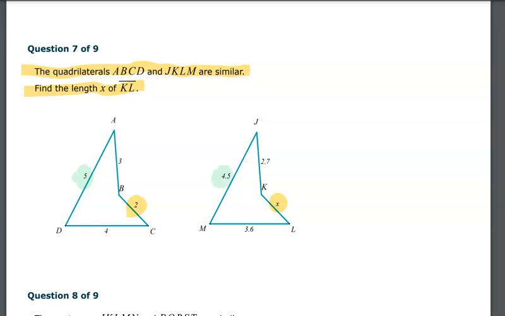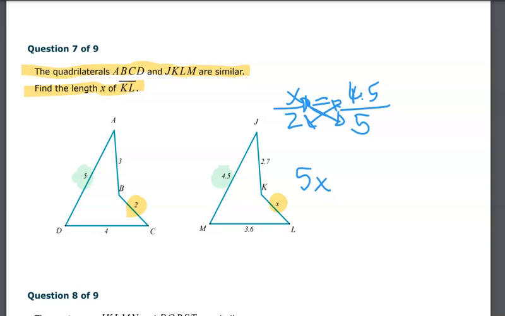Again, I create my proportion. I go x over 2 is equal to 4.5 over 5. And again, cross multiply and divide. So I get 5x, because I do x times 5, and then 4.5 times 2, and that gets me 9.